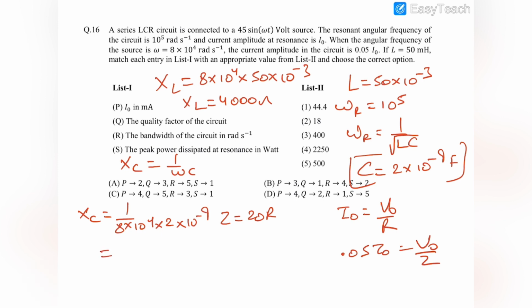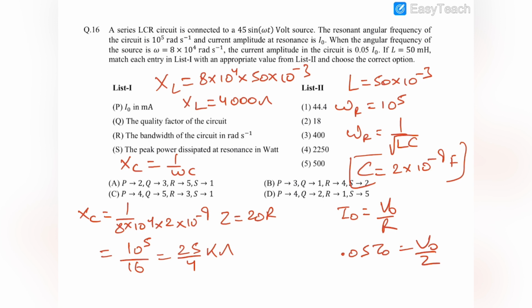So it would be 10 raised to power 5 by 16. So this XC would be 25 by 4 kilo ohms.